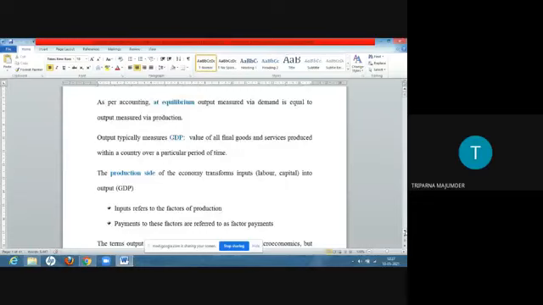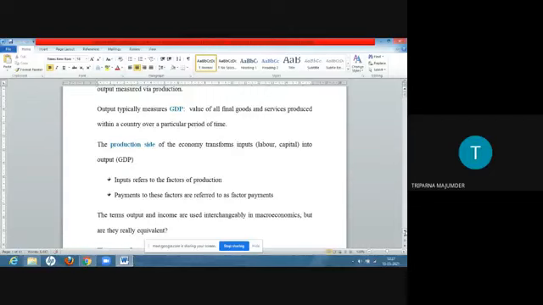Now, the production side of the economy, what does it do? It transforms inputs such as labor and capital into output, that is GDP. Inputs refer to the factors of production, and payments to these factors are referred to as factor payments.